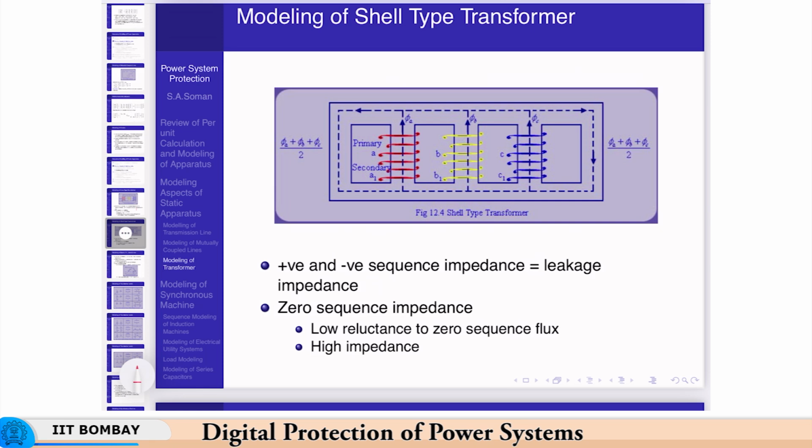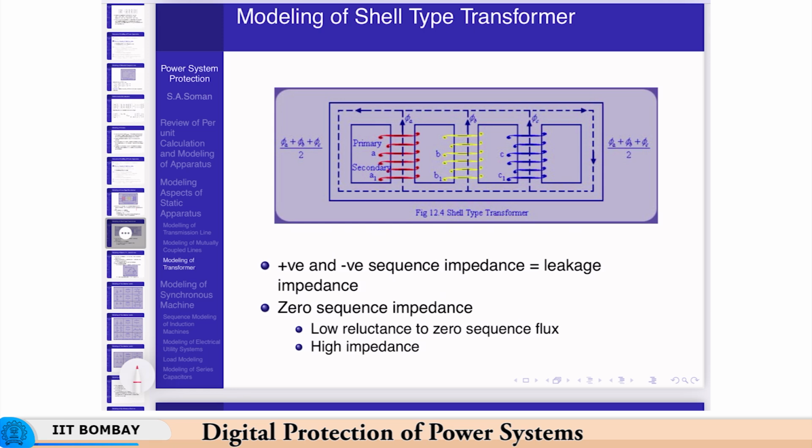And one more point to be noted is that since the saturation is not considered, we are not considering magnetizing impedance here, we are considering only the leakage impedance when we do the sequence modeling of a transformer. Now, the other type of transformer is the shell type transformer. Again here the positive and negative treatment is similar to that of the core type transformer.